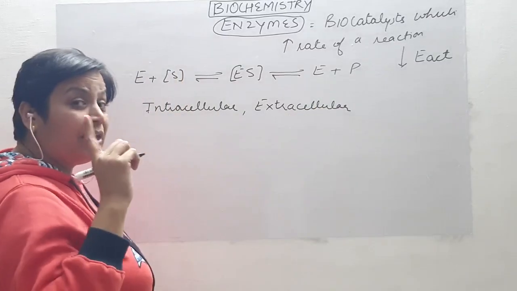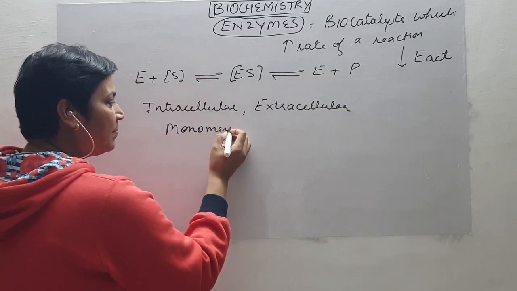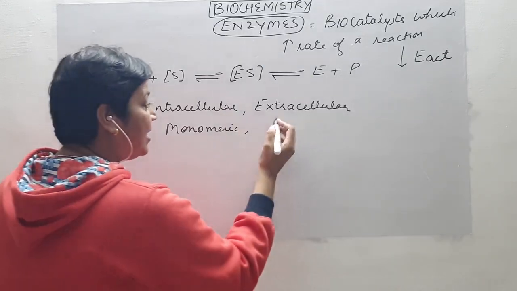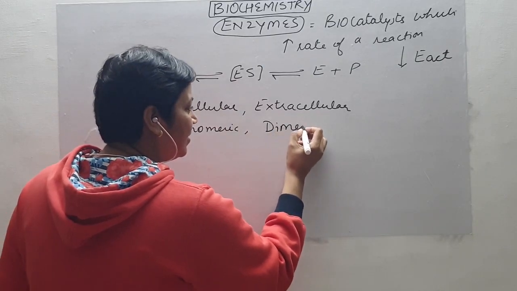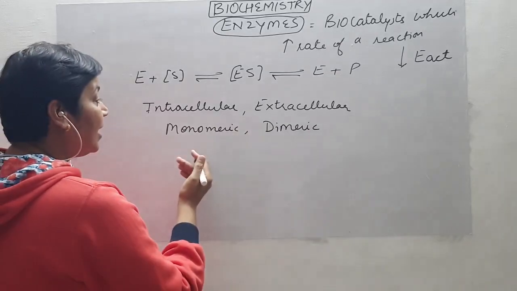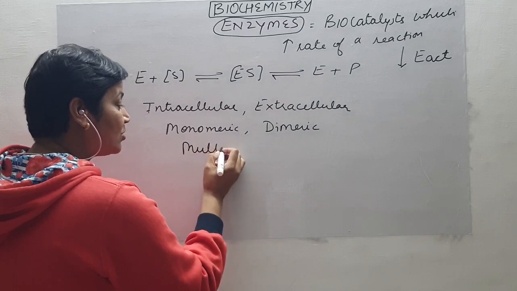If an enzyme has only one active unit, it is a monomeric enzyme. And if an enzyme has two active sites, it is a dimeric enzyme. Similarly, there are also certain multi-enzyme complexes.